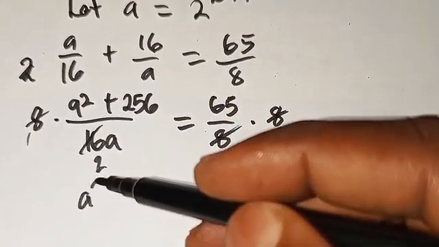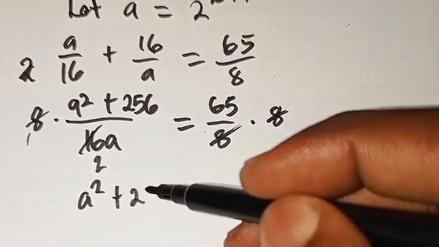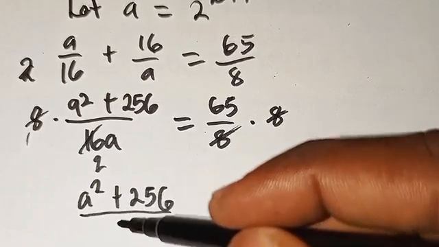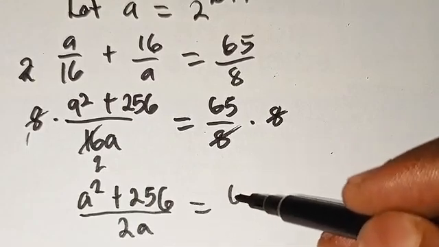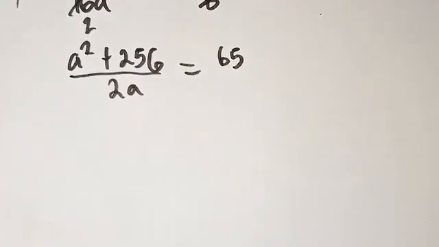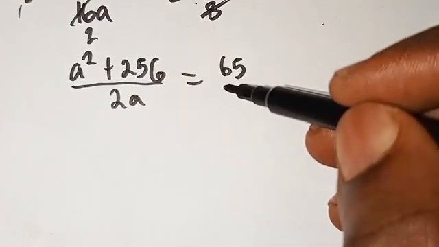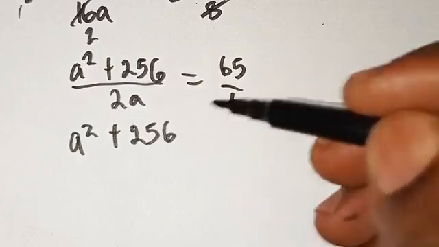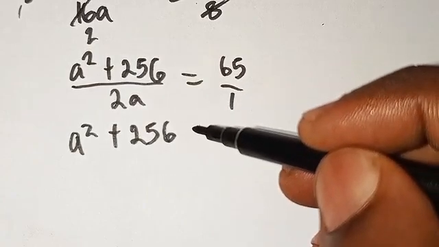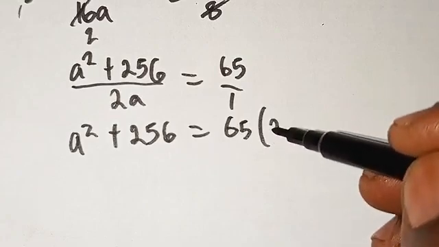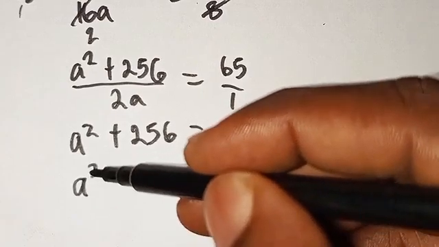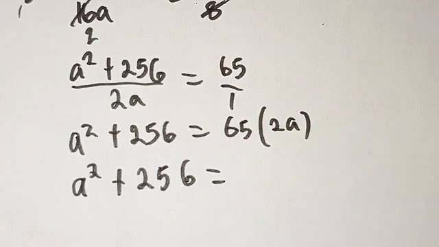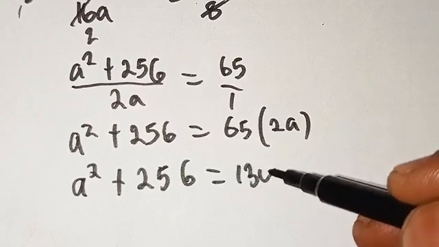So I'm going to have a squared plus 256 all over 2a equals 65. So we're going to have cross multiplication. This is like over 1, so I'm going to have a squared plus 256 equals 65 multiplied by 2a, so we're going to have 130a.